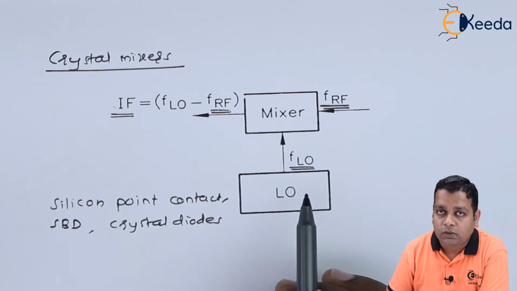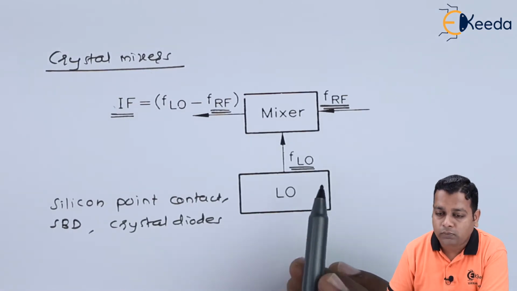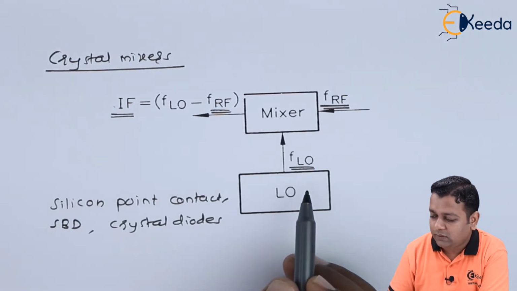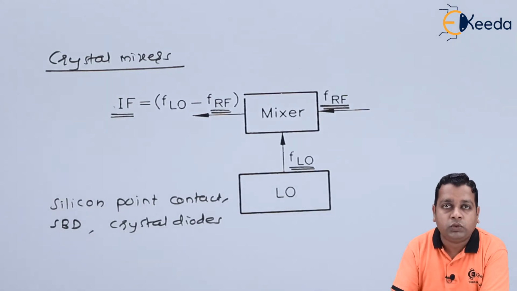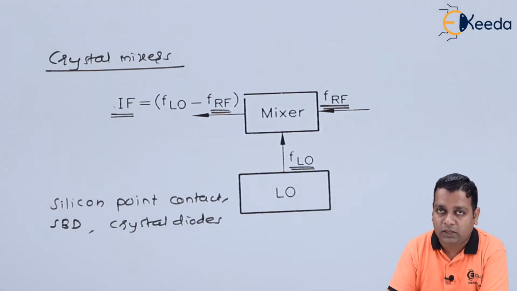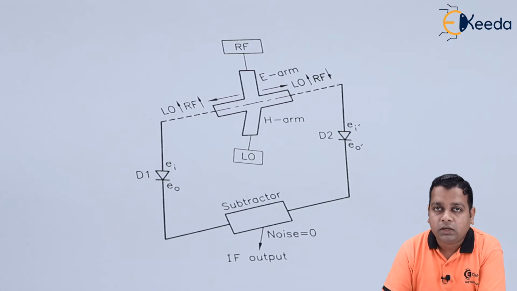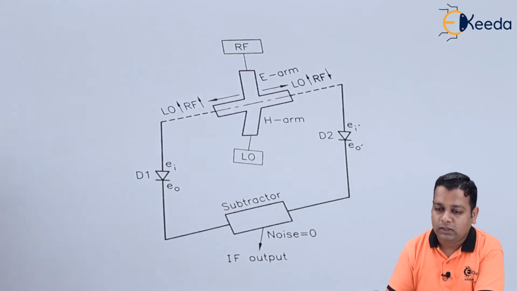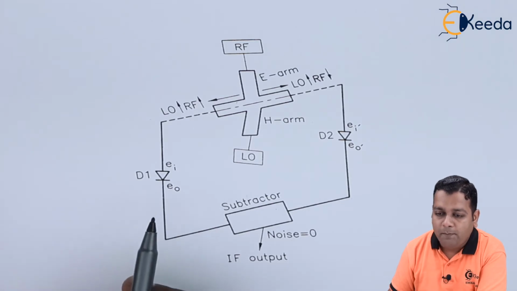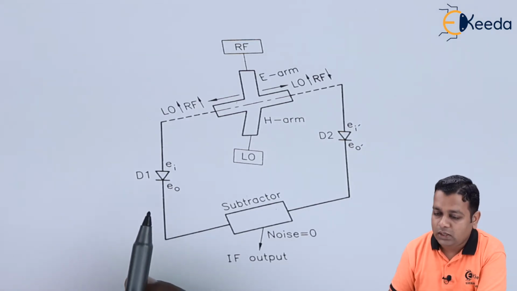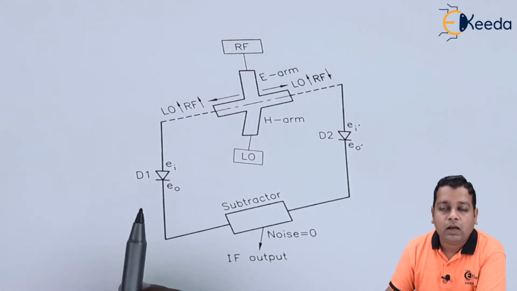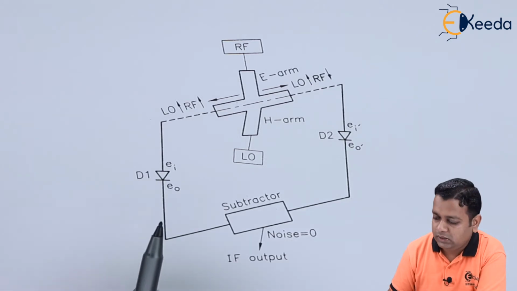To remove the local oscillator noise, practically certain techniques should be opted for. One technique to remove local oscillator noise is to use a balanced mixer with the help of a magic hybrid junction T here.